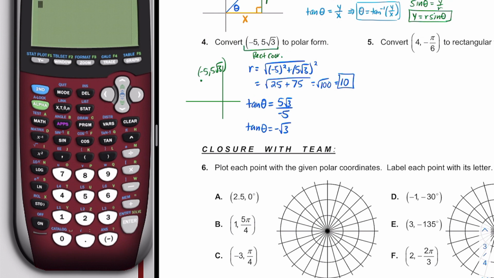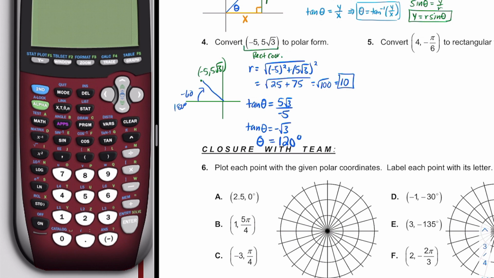And that gives us -60 degrees, which is going to be somewhere in quadrant 4. That means that we are going to subtract 60 degrees from 180, and that puts us at theta is equal to 120 degrees.